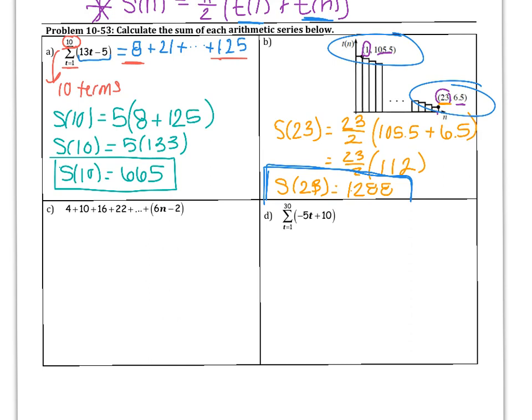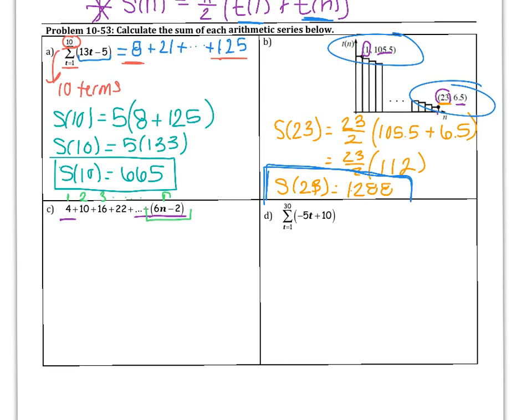So we still need the same three pieces of information: the first term, the last term, and the number of terms. Remember from class that when it's not a specific value of n, but just n itself, this 4 is the first term, 10 is the second term, 16 is the third term, and so on. So this last one is the nth term, so we have a total of n terms.